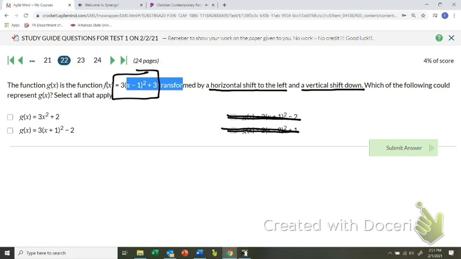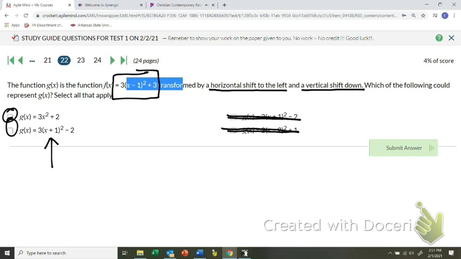Now, this is kind of a gimme because it says select all that apply. And I told you that select all that apply means you should have at least how many? More than one, at least 2. Okay? So we know it's both of these, but let's see why. In the original, we started with x minus 1. Well, you know that means we move to the right. All right, well, this one down here says x plus 1.